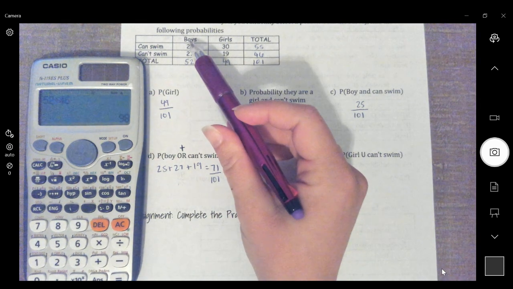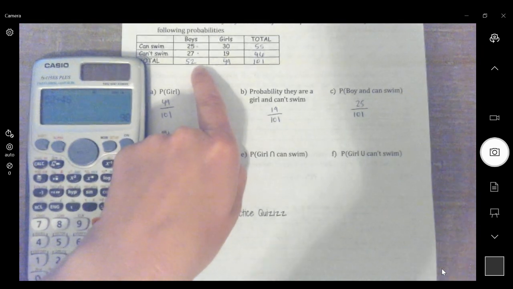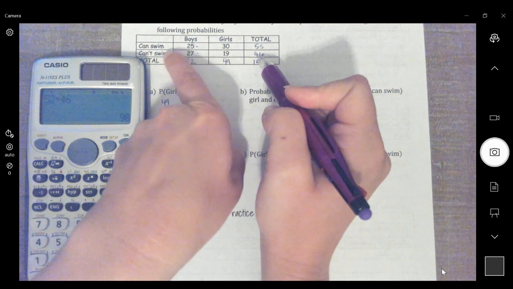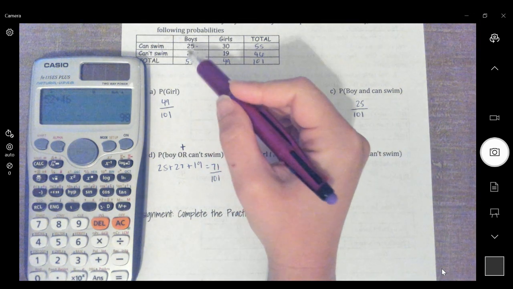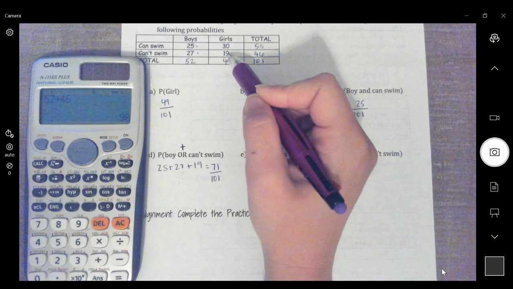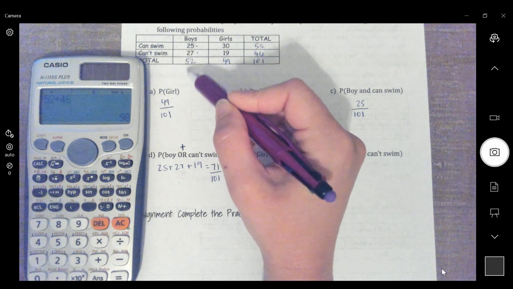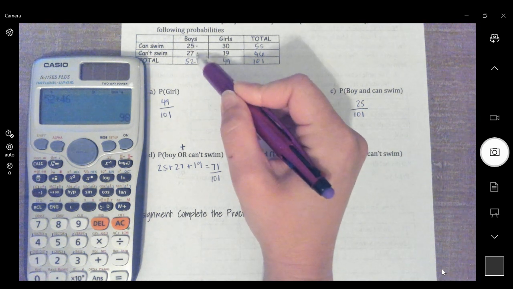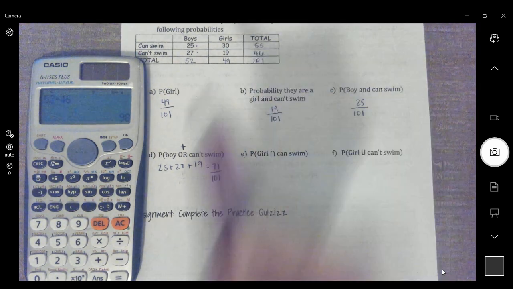The reason is if you just add those totals, 52 plus 46, you're adding that 27 twice, because that 27 is in this category and it's also in this category. So I would encourage you to not use the totals, or just do 52 plus 19, so you don't double count the same people in the boy category and the can't swim category. Just don't use both totals.